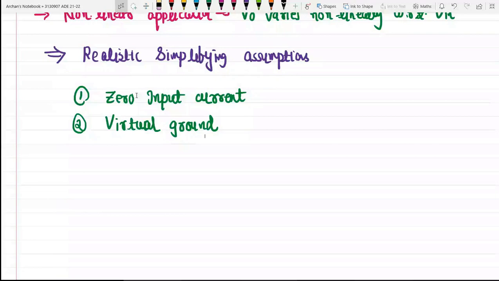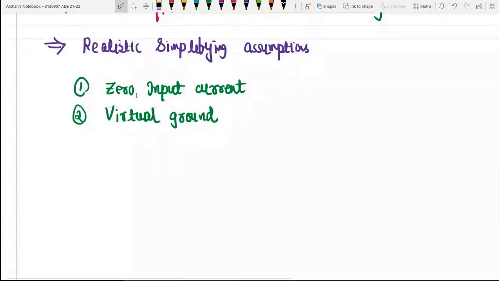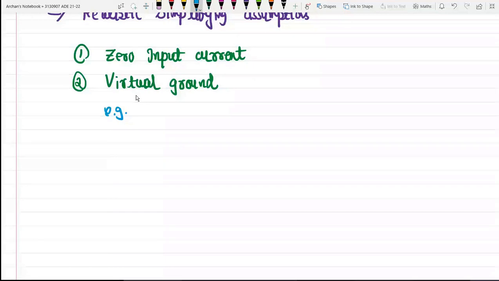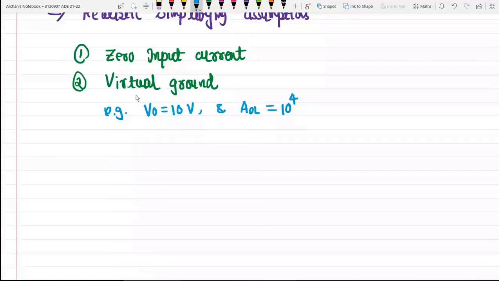Let me take one example here. Suppose my output voltage V0 is equal to 10 volts, and open loop gain is, consider, 10 raised to 4. According to the output voltage equation, V0 is equal to AOL times the input voltage, which is the difference voltage Vd. So Vd will be equal to output voltage divided by open loop gain.